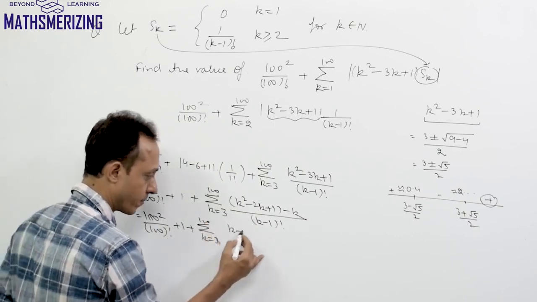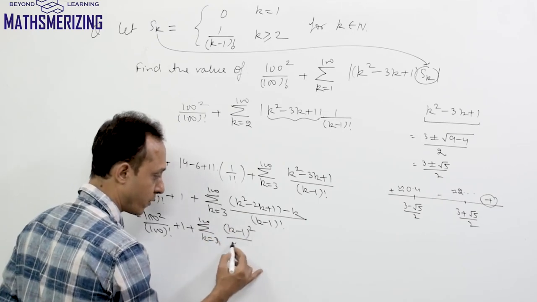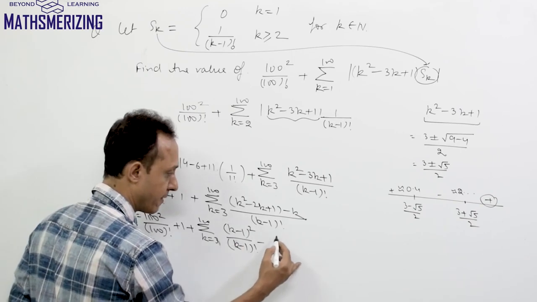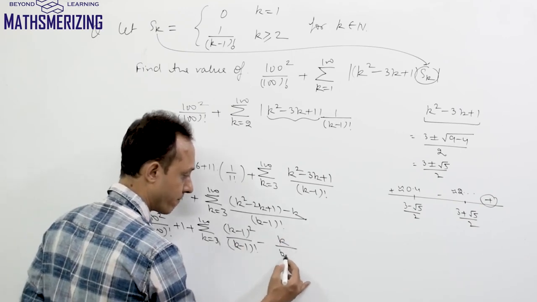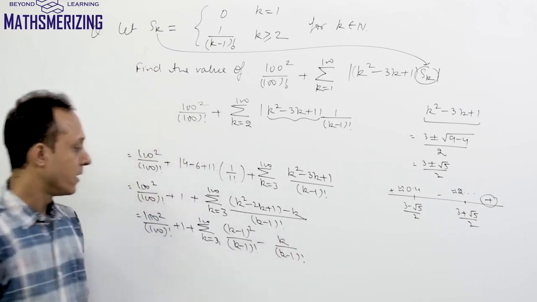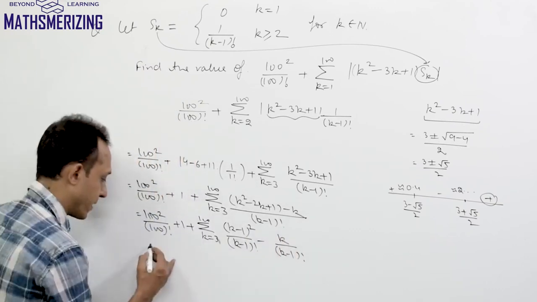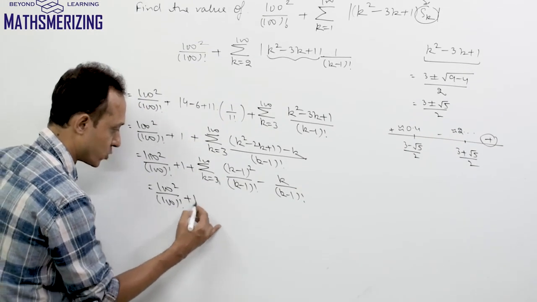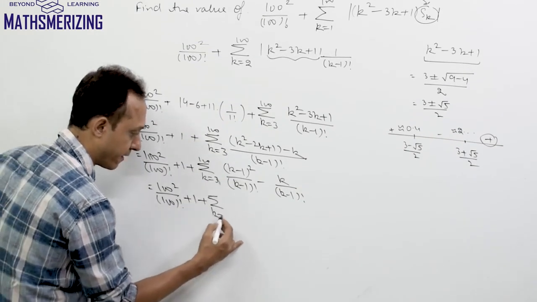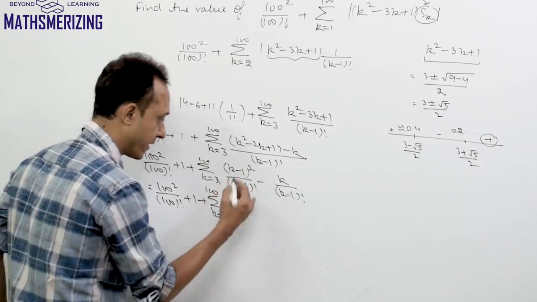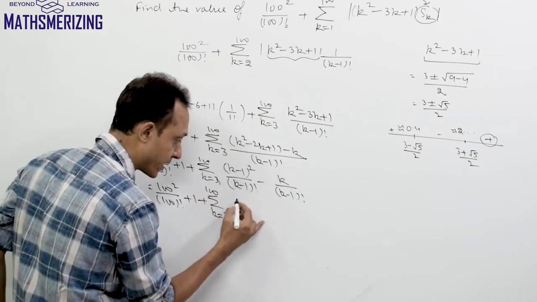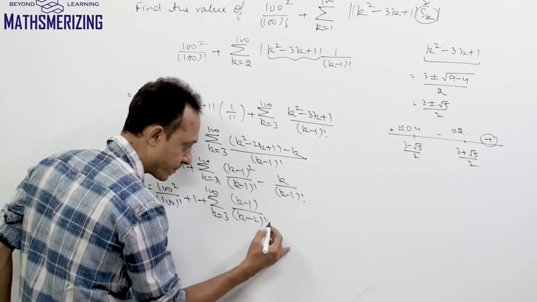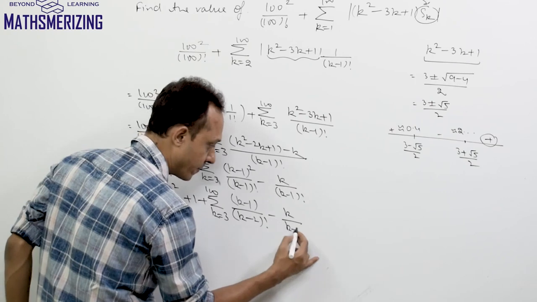So this is (k minus 1) whole square upon factorial (k minus 1), and then minus k upon factorial (k minus 1). So I'll write it as 100 square upon factorial 100 plus 1 and plus summation, k from 3 to 100, and here one k minus 1 will get cancelled and this will be factorial (k minus 2), and then minus k upon factorial (k minus 1).